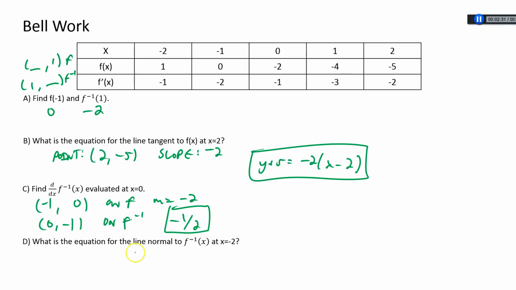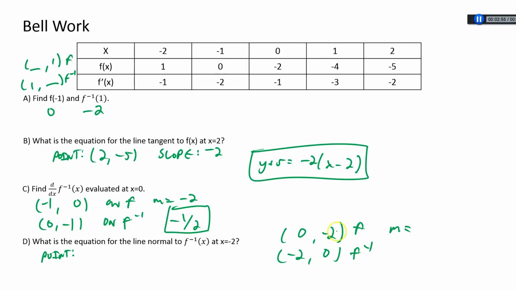All right, so now they want the equation for the normal line to this guy. So we need a point. So we have negative 2, f inverse of negative 2. So we're going to do our little chart here. So I want negative 2 to be the x for the f inverse. That means negative 2 has to be the y for f. So I'm looking for the y in here. It looks like that's 0, negative 2. So this is negative 2, 0.